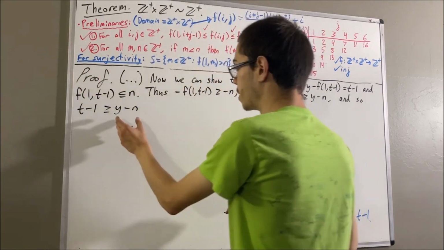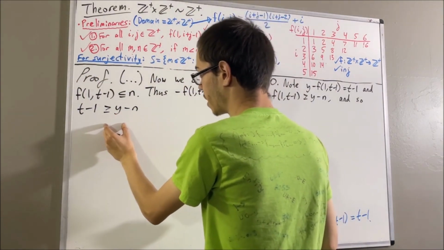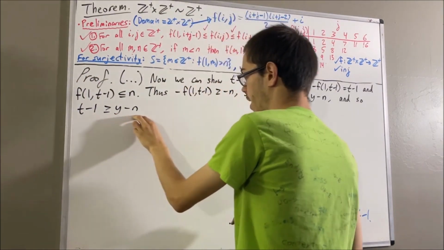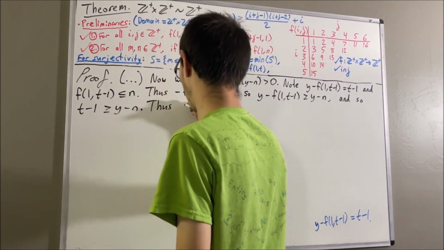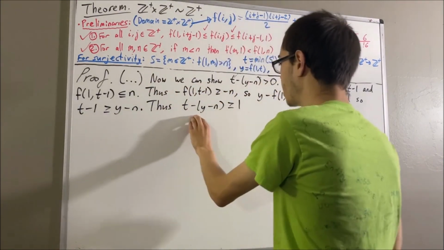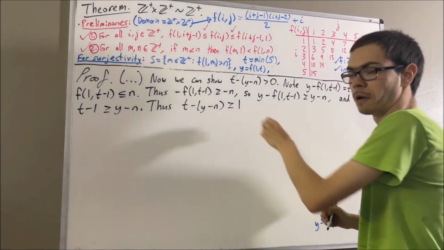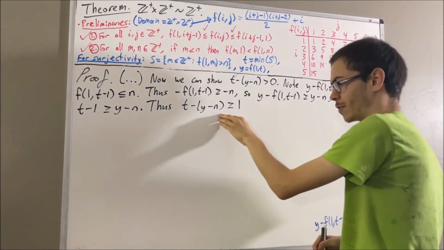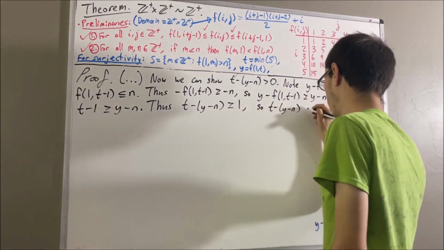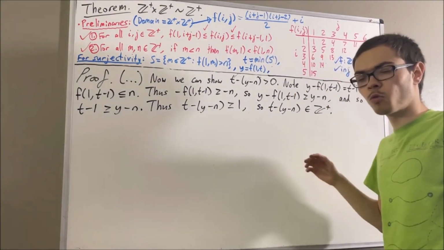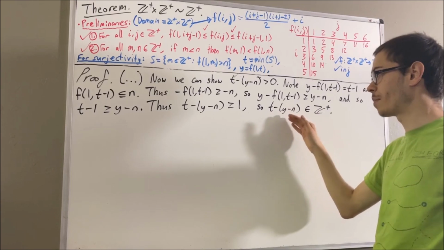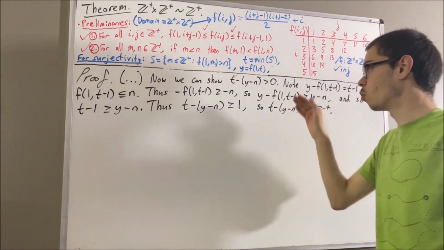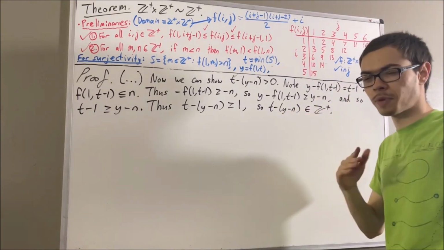And now, if we subtract the expression y minus n to the other side and add 1 to the other side, we get t minus y minus n is greater than or equal to 1. Which means we have that t minus y minus n is a positive integer. So, we have proven that t minus y minus n, comma, y minus n is an ordered pair of positive integers.